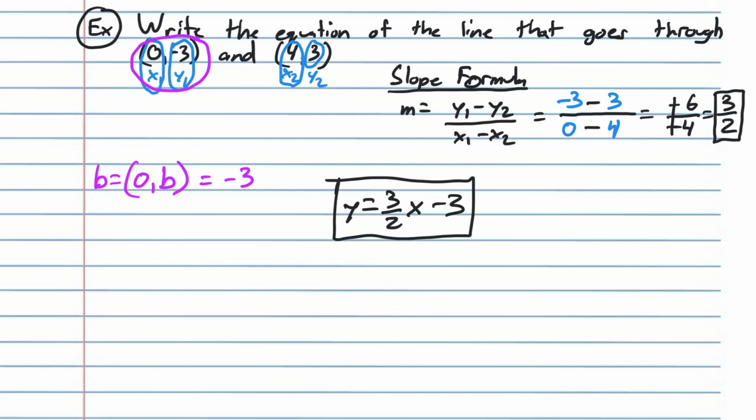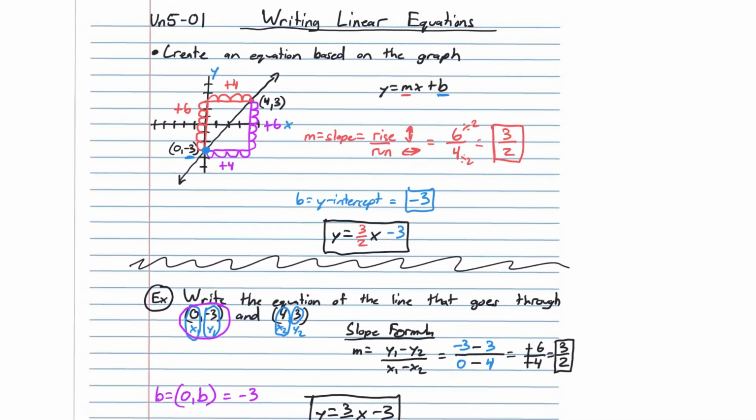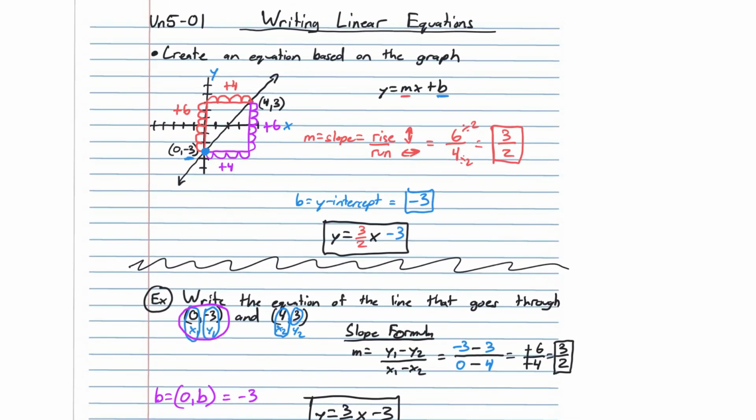Okay, so that's two ways to approach the same kind of question. You can draw the graph and count spaces on your own, or you can use the slope formula to determine the slope. And then again, I'll show you guys later what happens if it's not as easy as this one to get the b value. Okay.